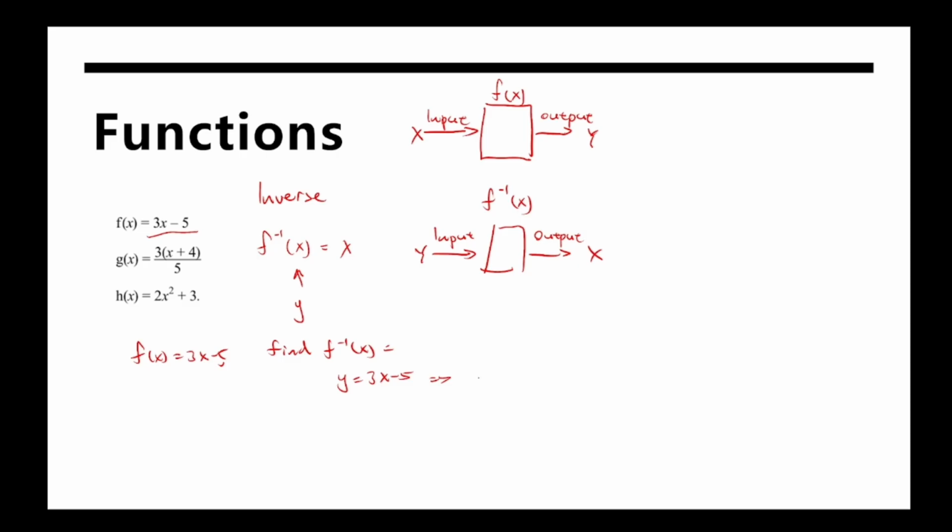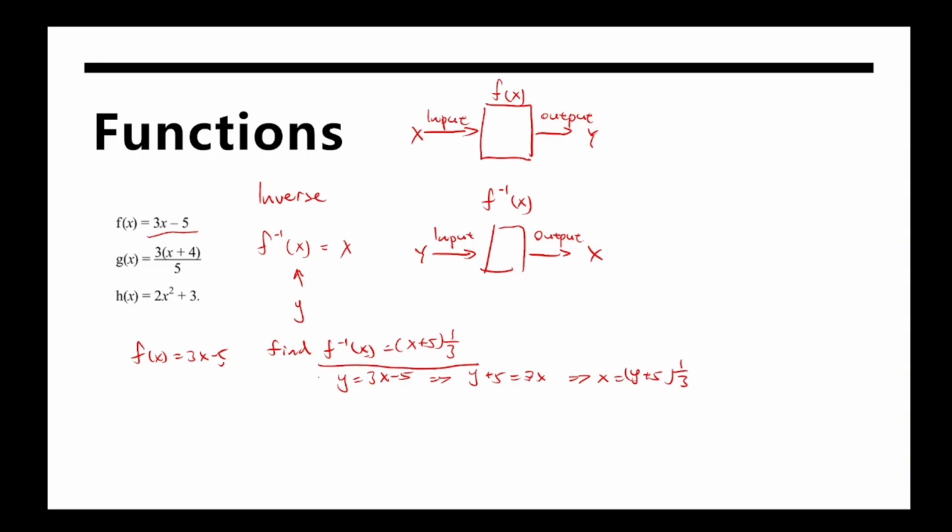We want to make x the subject. We first add 5. y plus 5 equals 3x. And then we divide by 3. x equals (y plus 5) times 1 over 3. So the inverse of f(x), remember it's x here, so it still has to be x, is (x plus 5) times 1 over 3.